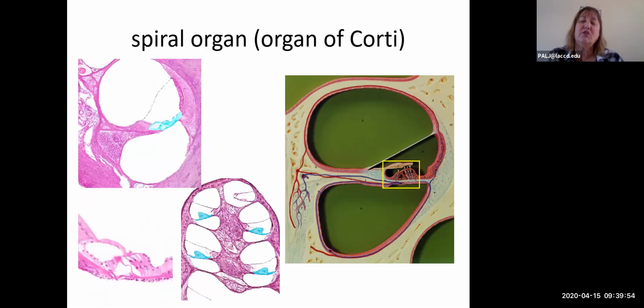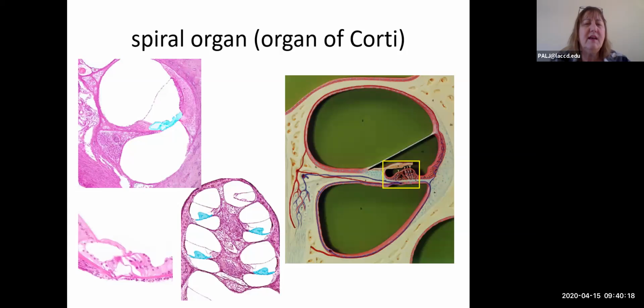Now that structure that's sitting on the basilar membrane goes by two names. It's either called the spiral organ because it goes in a spiral, or it's named the organ of Corti after the gentleman who first recognized it. And this is a structure that's intimately involved with the hearing process.